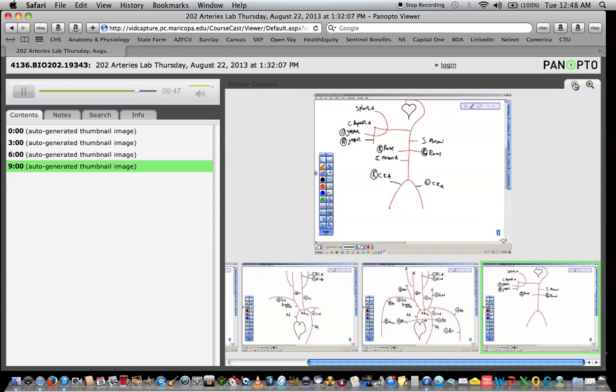Down here, this is going to split into an internal and an external. Okay. So here we have the left external iliac artery, and this would be the left internal iliac artery.